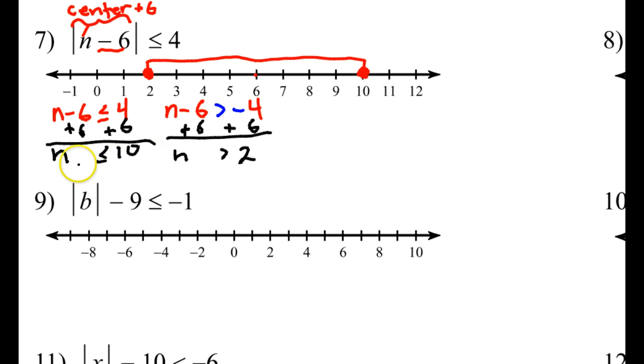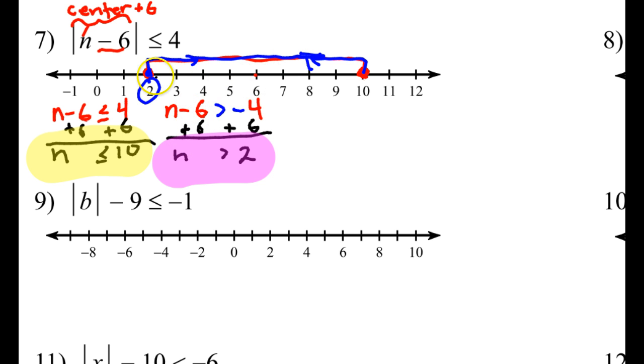Same thing we got up here. Now if we graphed each one of these separately, right here, that's 10, and everything less than 10 is this direction. And greater than 2, that's right here, and everything greater than 2 is right here. So you can think of these, before there were 2 arrows going away, these are really 2 arrows going towards each other that just end up connecting.